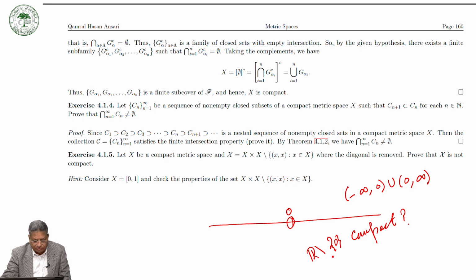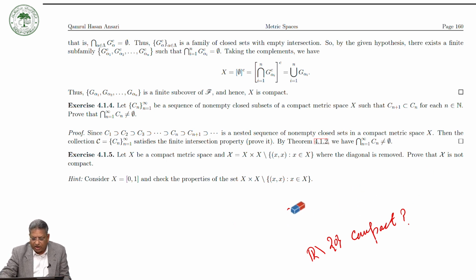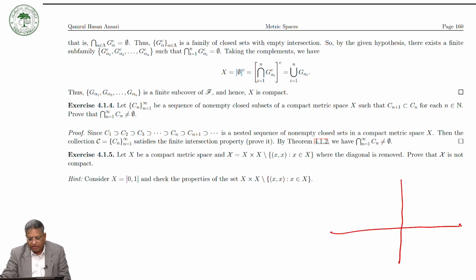The same thing we can see if we take this in R2. For example, you can take x, x, the diagonal elements. You can remove the diagonal elements.